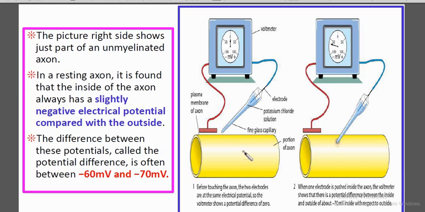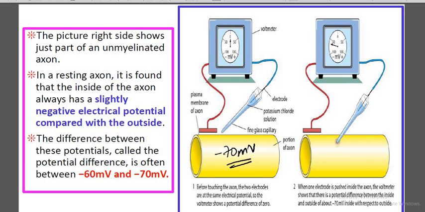When electrodes are placed in a resting axon, as shown in the picture, the voltage is measured. In the resting membrane potential, the voltage is generally around minus 70 millivolts, that is, inside it is minus 70 millivolts.